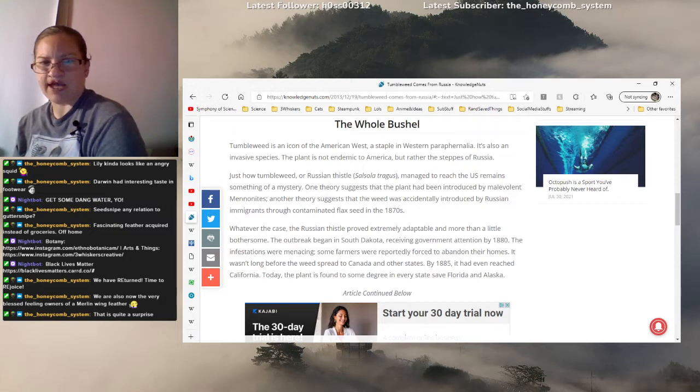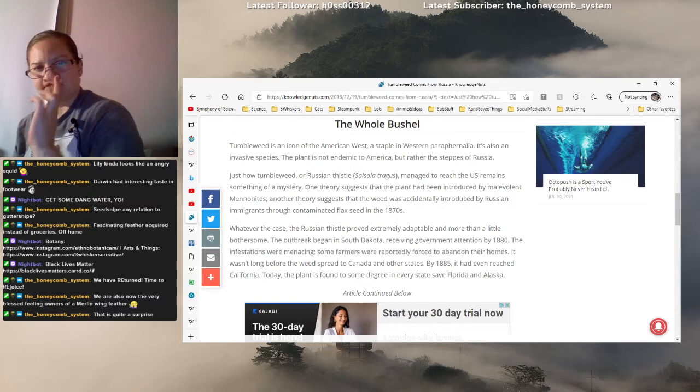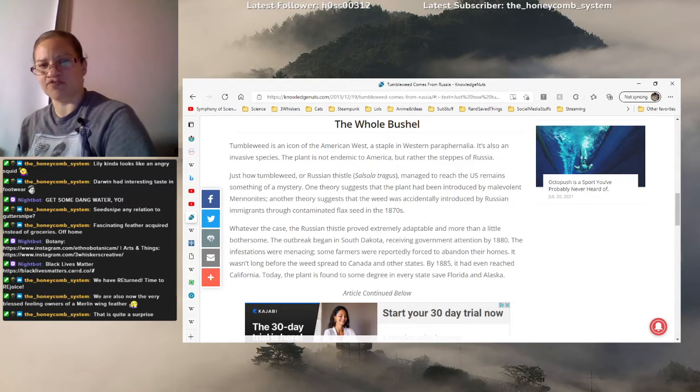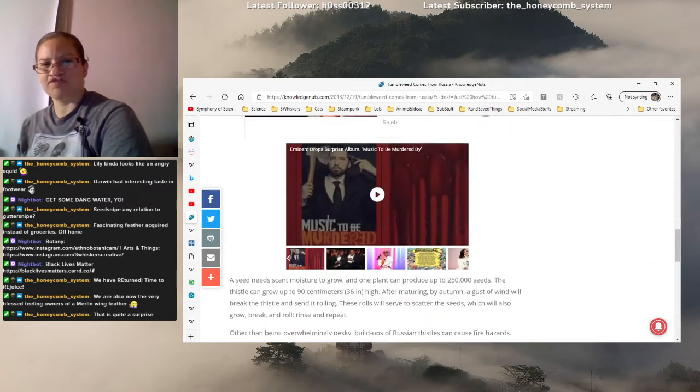The outbreak began in South Dakota, receiving government attention by 1880. The infestations were menacing. Some farmers were reportedly forced to abandon their homes. It wasn't long before the weed spread to Canada and other states. By 1885, it had even reached California. Today, the plant is found to some degree in every state save Florida and Alaska.